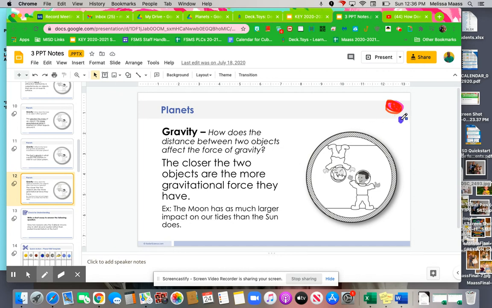If this is Mercury, Venus, Earth, Mars, those are the four inner planets, and then the four outer ones, Jupiter, Saturn, Uranus, and Neptune. All right, now I'm going to go ahead and draw their paths.